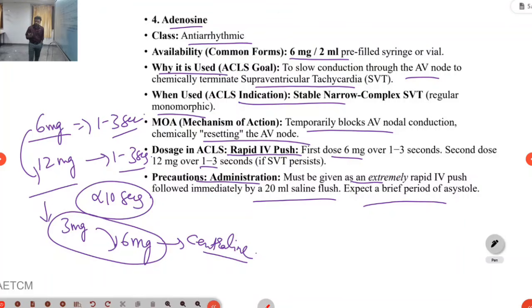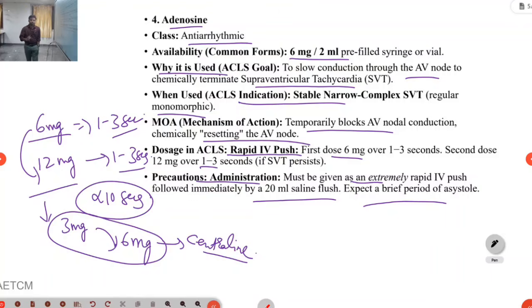Adenosine is an antiarrhythmic agent. It is mainly indicated in patients with narrow complex regular tachycardia without P waves, and the patient should be stable. So the choice of medication is adenosine. Before giving it, we can perform carotid sinus massage. If the patient is still not improving, then go ahead with adenosine.